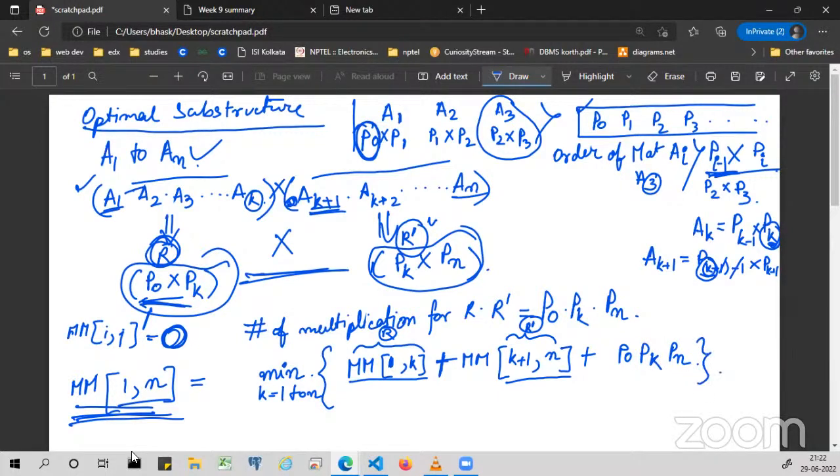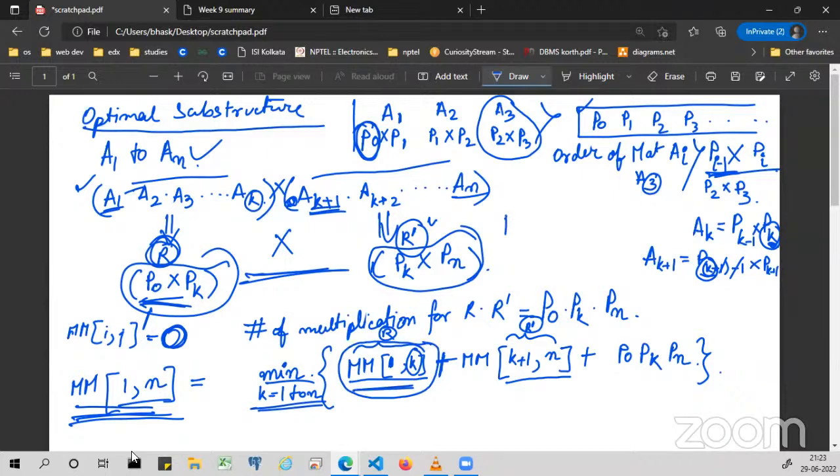Now the idea is this k is 1 to n. So basically I would iterate through this k from 1 to n, and I would obviously have so many possibilities. Among all these possibilities, I would pick the minimum value at each step. Optimal substructure means this, that I am choosing the minimum among MM, because this is recursively calling, right? You're calling MM[1][k].